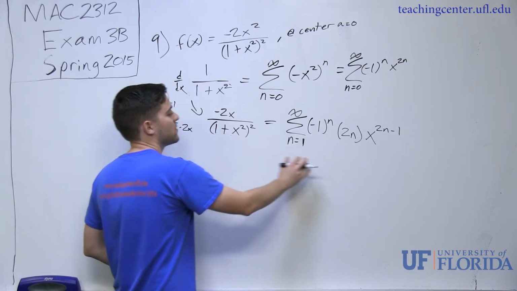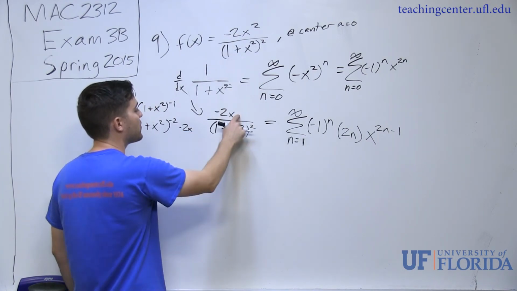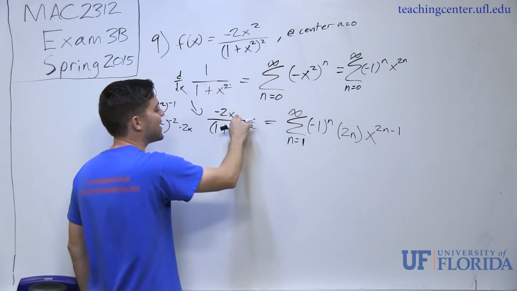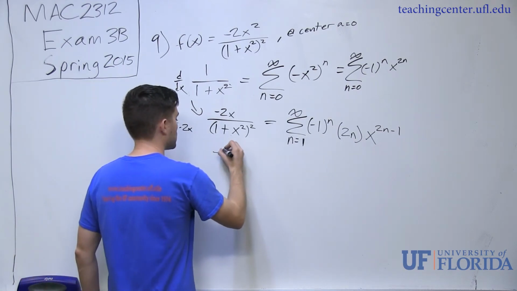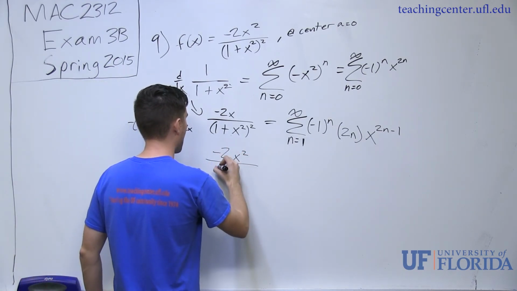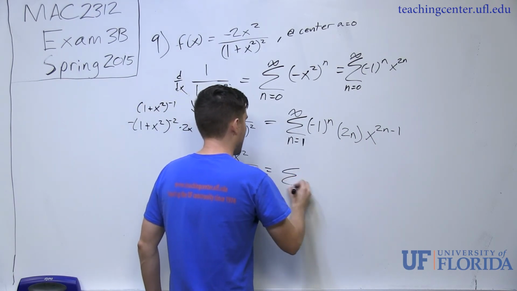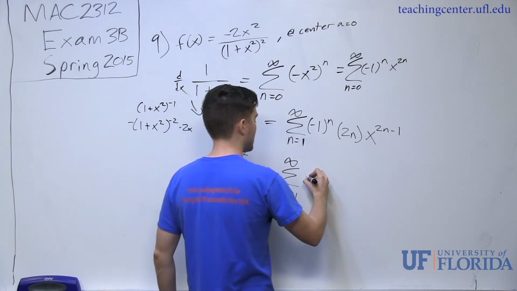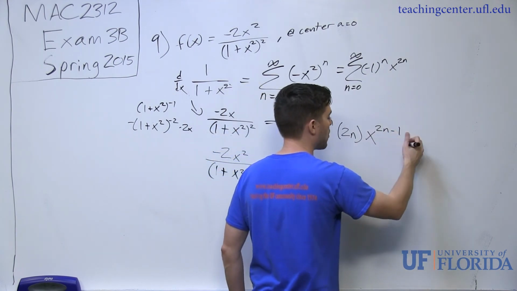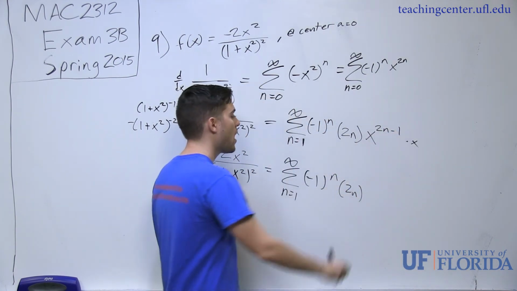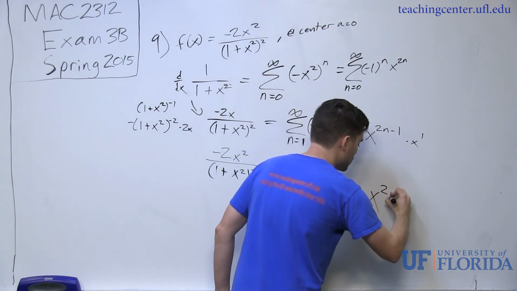Now, we have this, and we're really close. We need negative 2x squared over (1 plus x squared) quantity squared. The only thing we're missing from this expression is an extra x term. So I'm going to multiply both sides by x. So I get negative 2x squared divided by (1 plus x squared) quantity squared, and that's equal to the sum from n equals 1 to infinity of negative 1 to the n, 2n, x to the 2n minus 1, and if I multiply by an x, I end up with x to the 2n minus 1 plus 1, so therefore I get x to the 2n.